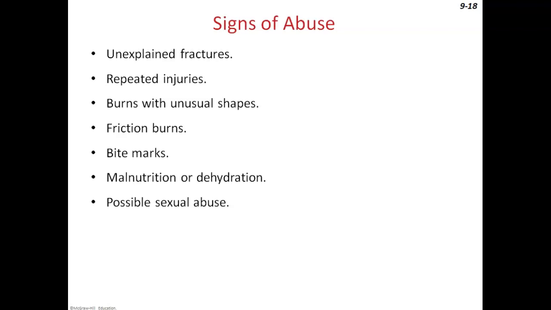Friction marks caused by ropes or cords. Bite marks. Signs of malnutrition or dehydration, like extreme weight loss, dry skin, and red-rimmed or sunken eyes. You could have possible sexual abuse if you have torn or bloody underwear, pain or bruising in the genital area, or unexplained venereal diseases or genital infections.